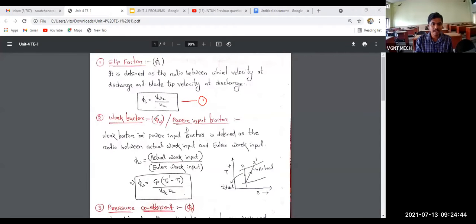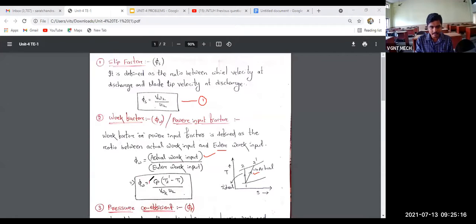Second formula, work factor or power input factor, phi W. It is the ratio between actual work input and Euler work input. What is actual work? In this process, the actual process 1 to 2 dash, actual work will be Cp into T2 dash minus T1, and Euler work is VW2 into U2.